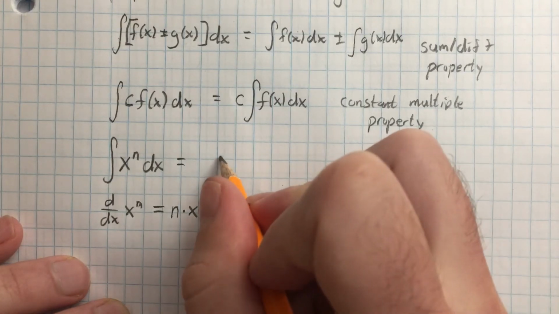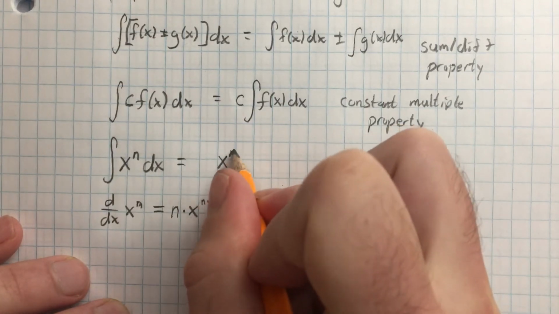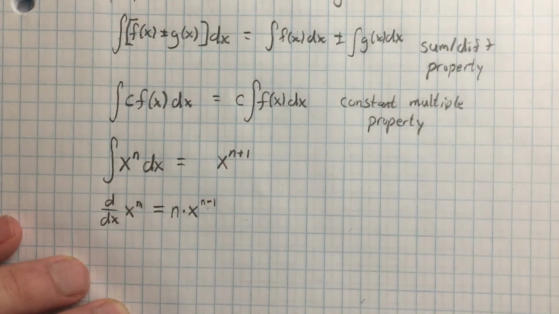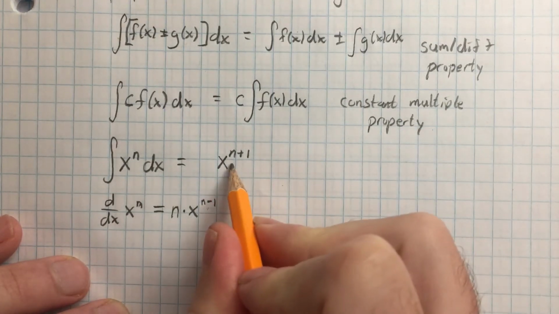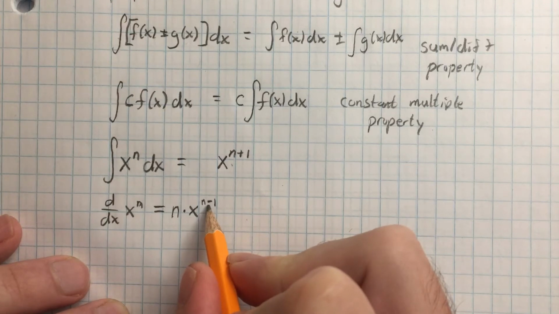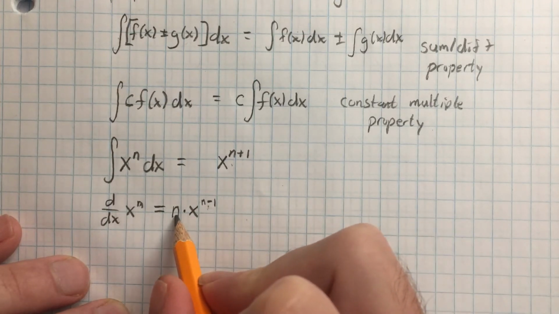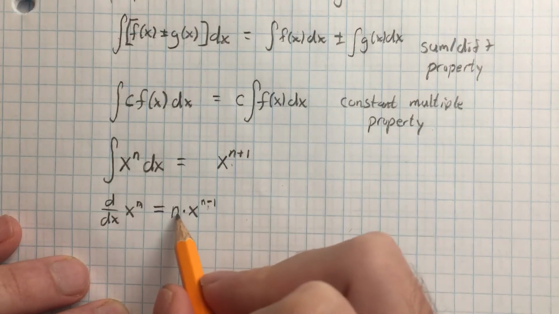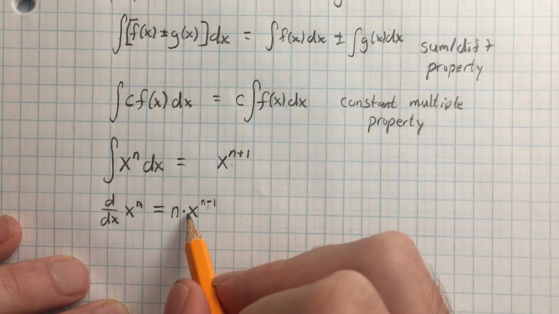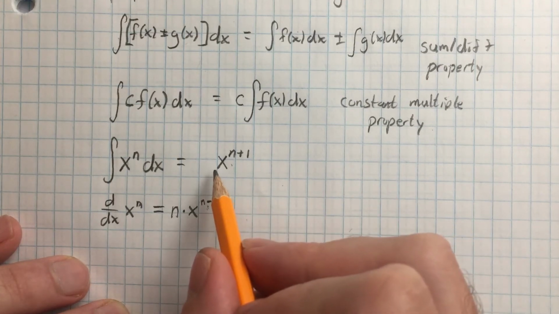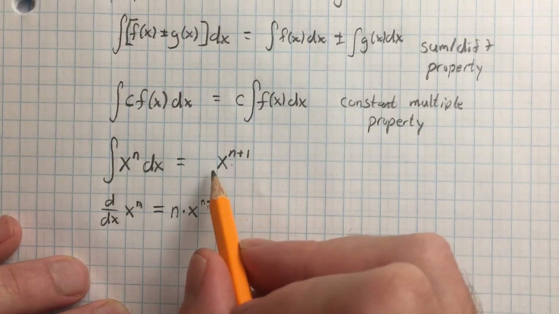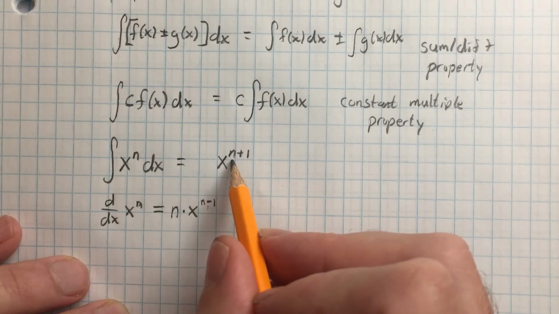So I should have x to the n plus 1 to start with. That would be the first move here, because lowering the power by 1 is the last move here. The first move here was multiplying by the original power. So here, the last move done should be to divide off by that power.